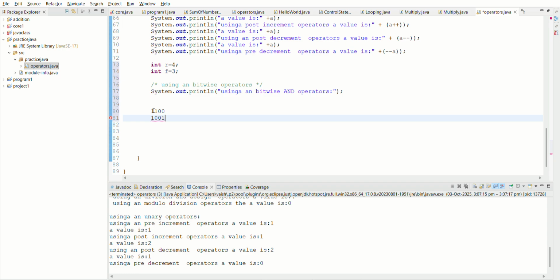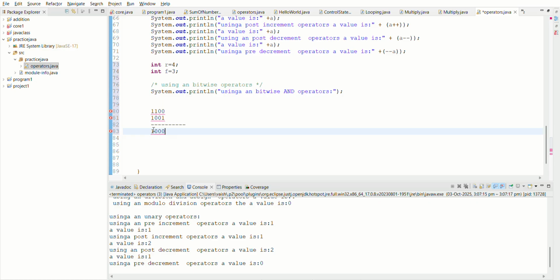Suppose in the first place 1, in the first place 1, both places have the same value, so we get an output of 1. The other places have a different value, so the result is 0. So first place 1, first place 1, so we get 1, otherwise the result is 0.